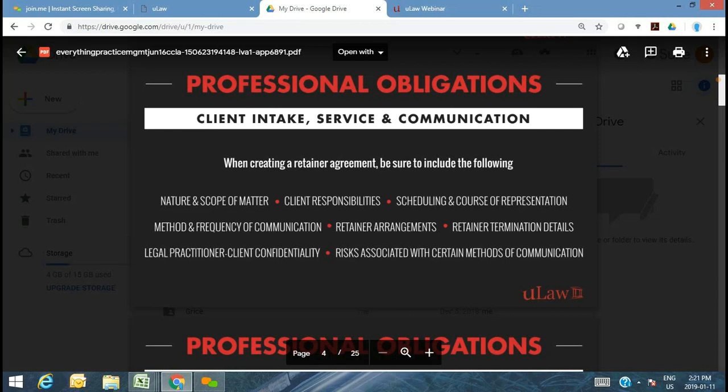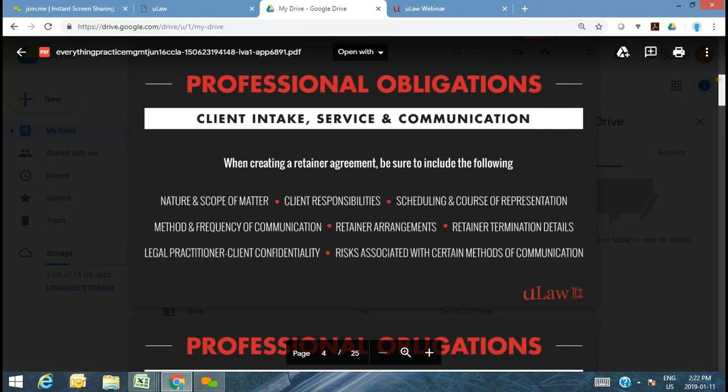We spoke about retainer arrangements. So, you're going to pay me $1,000 in advance and then top up every time, or a one-time retainer. Then any termination, we spoke about that, the exit clause. Any client confidentiality, which outlines that you, as a legal practitioner, will keep your client's information confidential, and it's part of your rule book to do so.